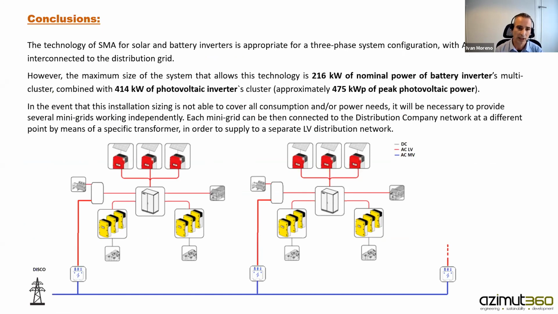Here below in the image of the multi-cluster systems, we have an auxiliary connection to the utility grid and also to a generator, a genset. Both can be connected to the system, and if one fails, the other can supply.